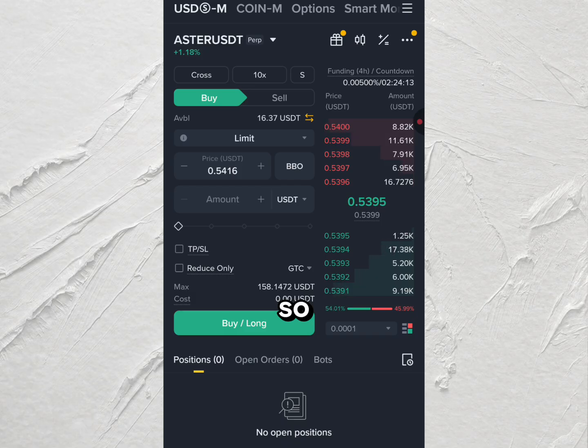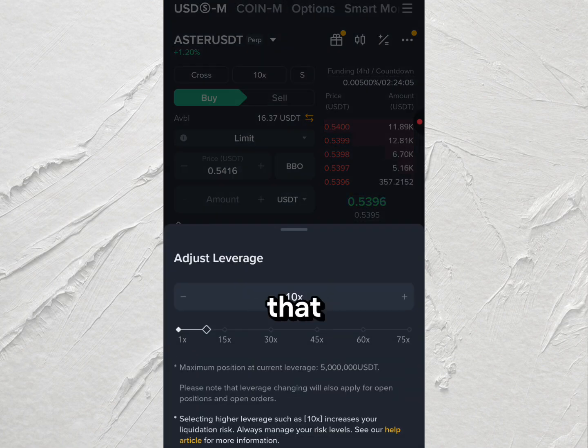So how to calculate your leverage is very straightforward. If I click on this leverage icon, you get to realize that you can use up to, in this case, 75x leverage. Your capital and your type of currency used in trading determine your maximum leverage.